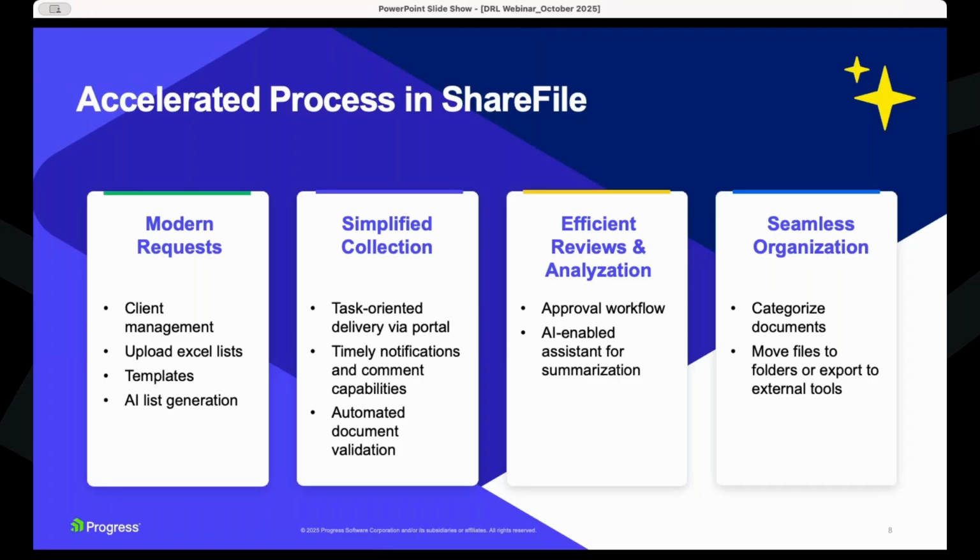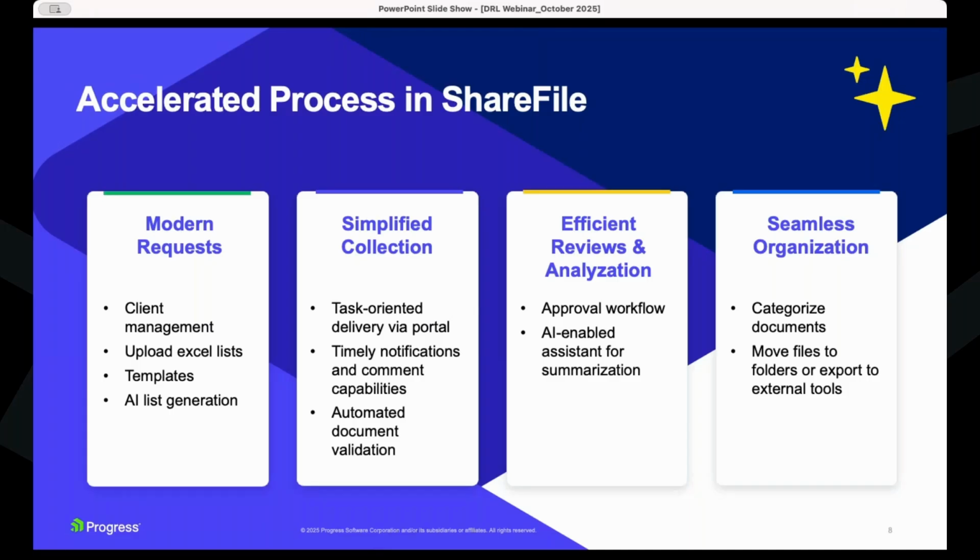So communicating on that task level helps that document request list seem a lot more capable from their point of view and be able to ask those questions easily and not have to explain what they're talking about via email. And then a lot of the document validation with the AI integration in there, making sure that the files they are uploading are the correct ones to the items that you are requesting to help reduce a lot of the errors that would come along in that reviewing stage.